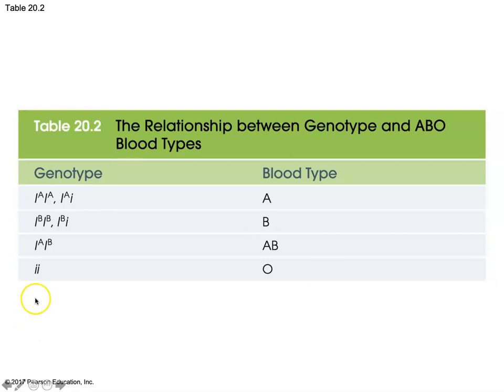Here is a table that's going to help break down all the possible genotypes and what that's going to look like as a blood type. This table will be very useful to you when you are doing your Mendelian genetics worksheets. Please let me know if you have any questions, but I will be happy to run another tutoring session when we start using Punnett squares to work out these genetic problems.